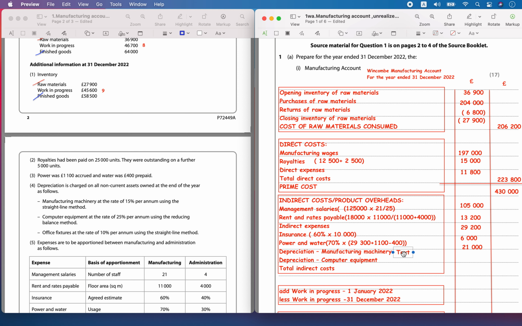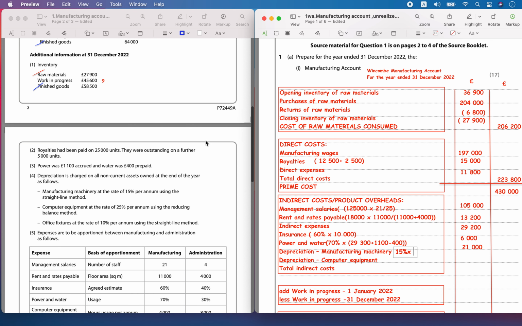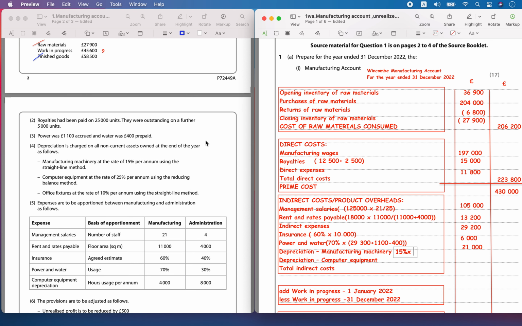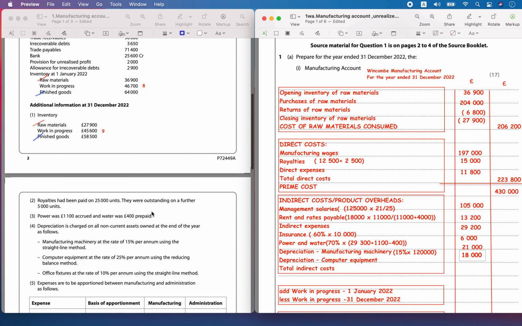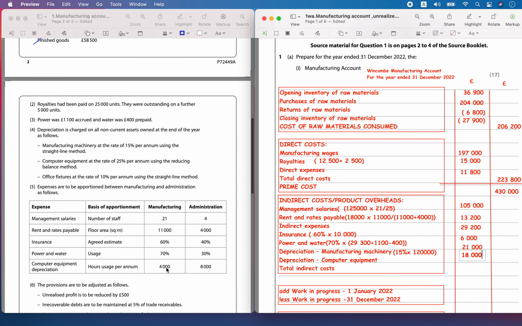So 15 percentage of the cost of manufacturing machinery, 120,000, the value is going to be equal to 18,000. There is no apportionment here. It's entirely for manufacturing.